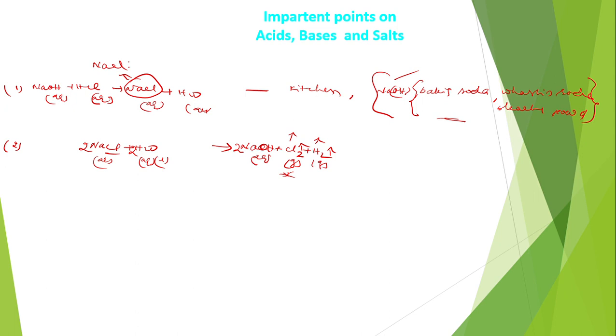Okay, then this NaOH, where we are using it: soaps and detergents. Okay, next, paper making.